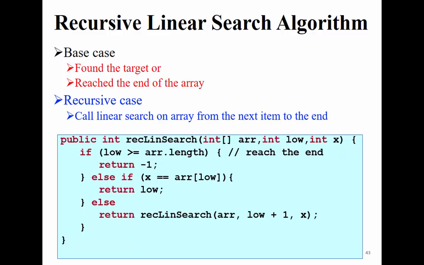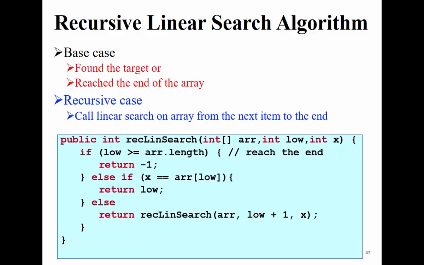At each recursive call, you increment the index: 1, 2, 3, until you reach the length of the array. Let's say you have an array of 5 elements: 0, 1, 2, 3, 4. The last element is 4. The length of the array is 5. So if you have low greater than or equal to 5, then you stop.